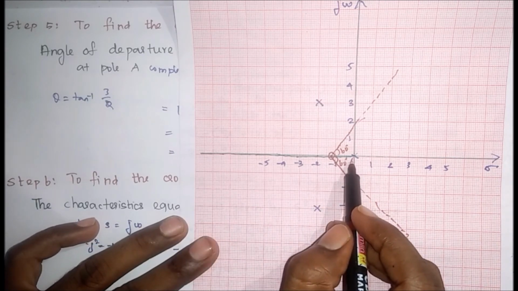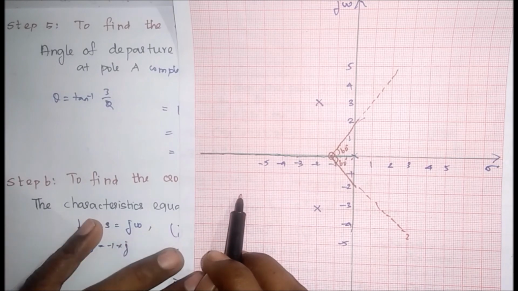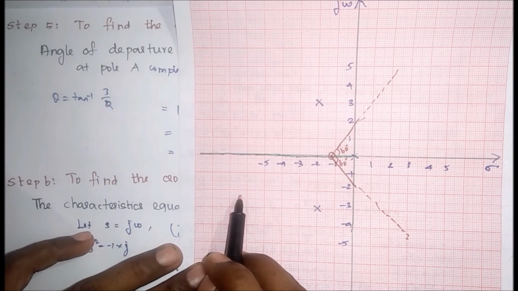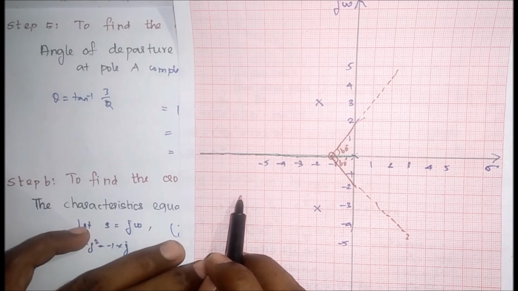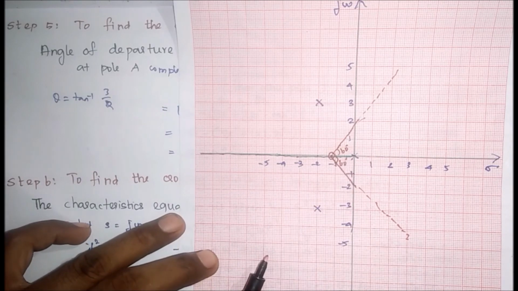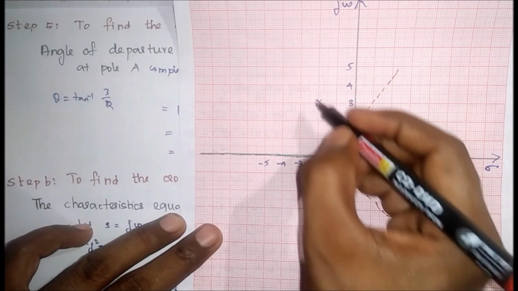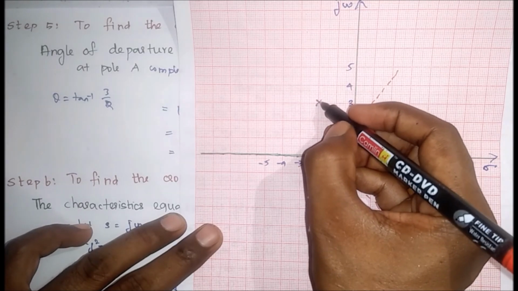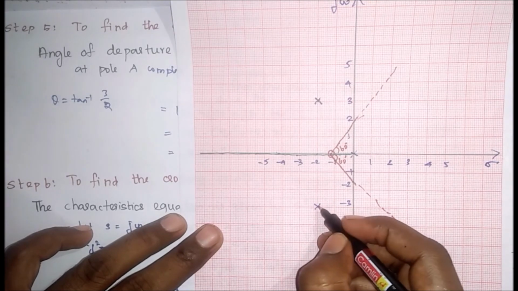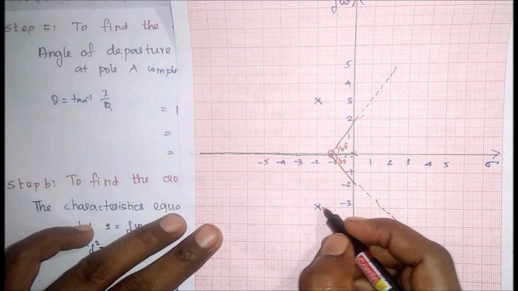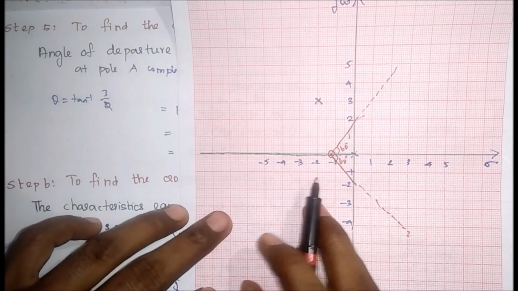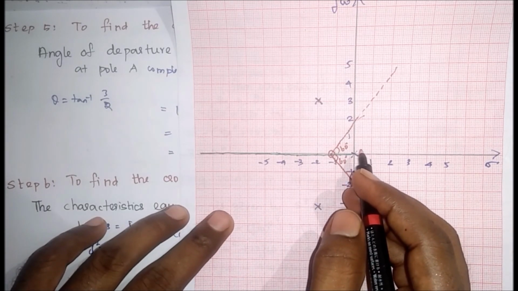This is the first root locus. According to the given problem, there are 3 open loop poles. Therefore, according to the procedure, 3 root loci will be there. This is the first root locus. The next root locus will start at a complex pole here. Then the third root locus will start at this point with an angle of departure. We already calculated the angle of departure equal to plus or minus 33.7.